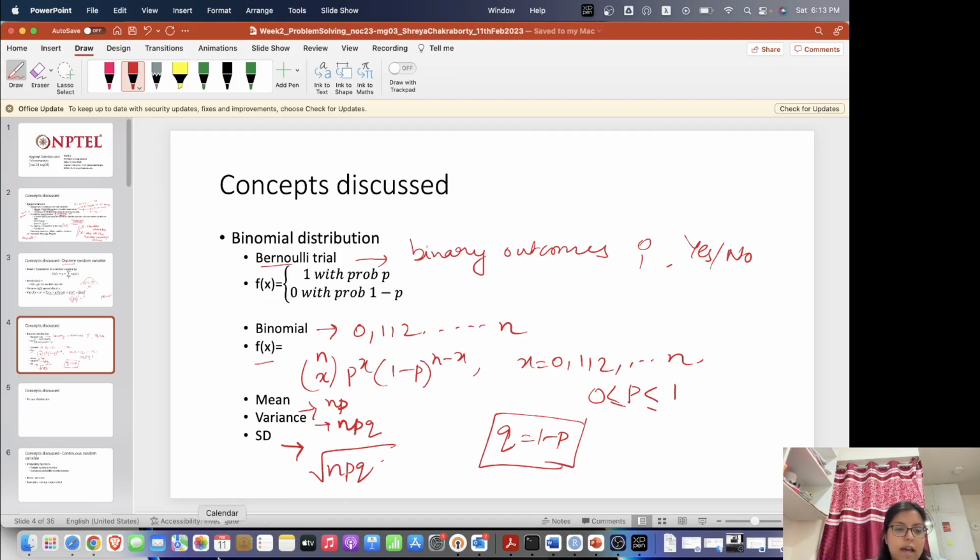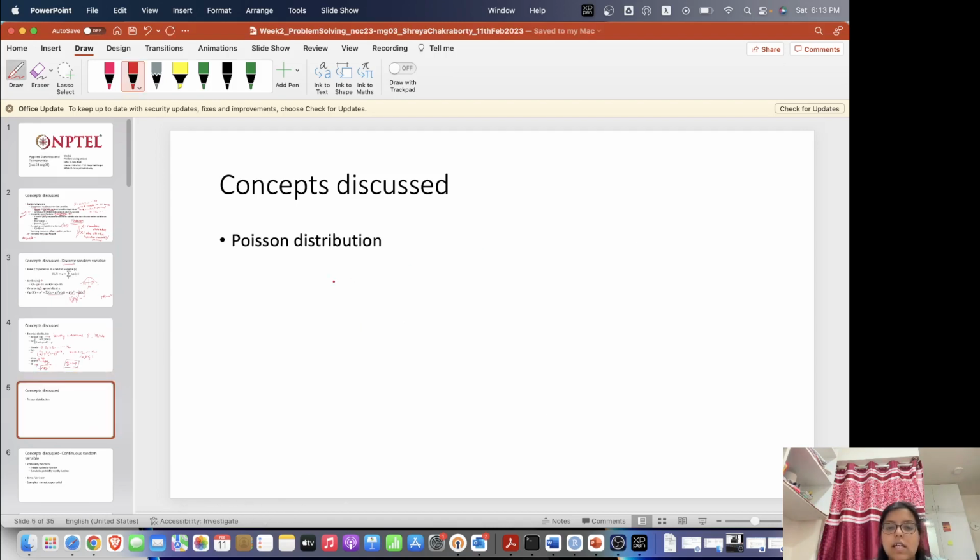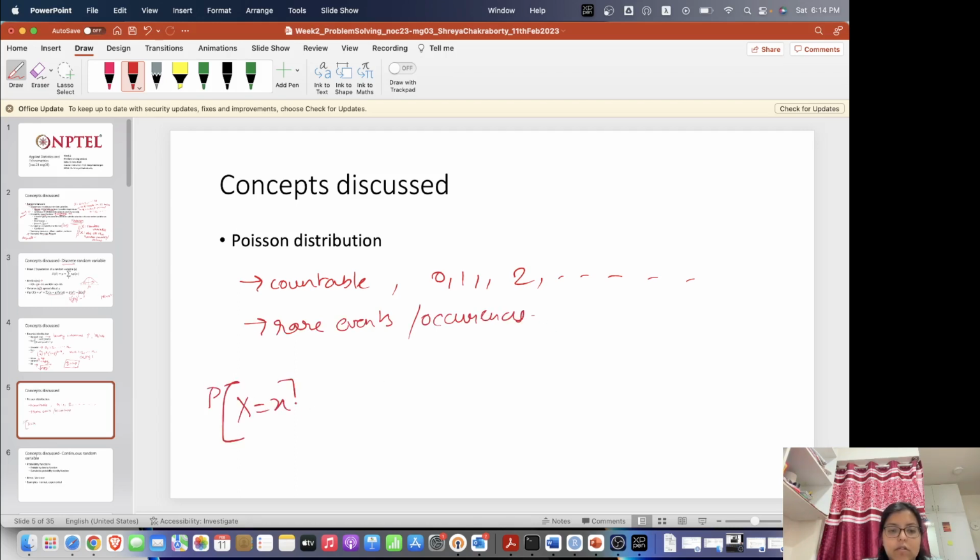Okay, and then we also discussed what we mean by the Poisson distribution and the scenarios where it is used. The values are countable, 0, 1, 2, but it could go on till infinity. There is no bound to it, and it is mostly used to model rare events, occurrences, and so on. So can you tell me what is the PMF of a Poisson distribution?